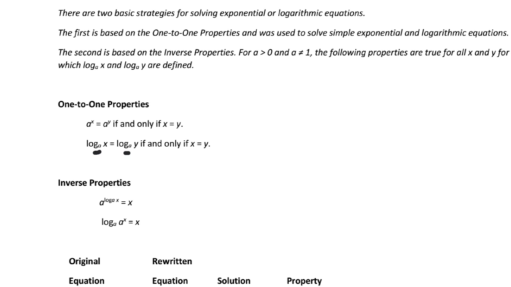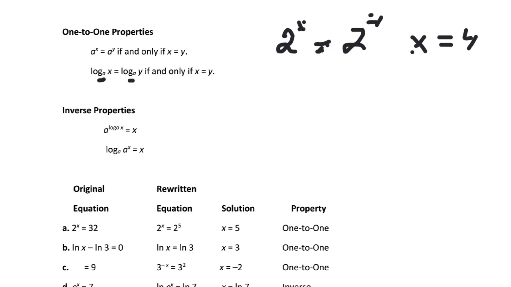So the first one, we would have like 2 to the x equals 2 to the 4th. So in this case, x would equal 4. So you want to try to get into the same bases. Same with logarithms. If you have log, you're going to have y, x equals y. Then our inverse properties, which we have here, and we're going to deal with those coming up.